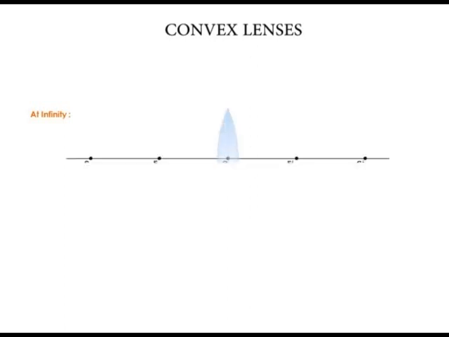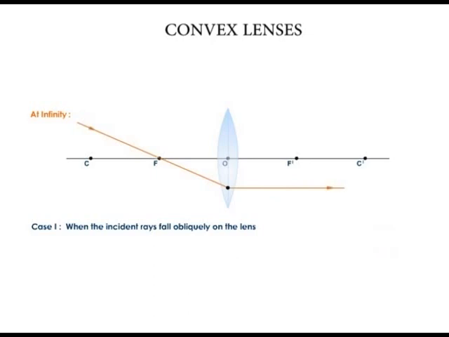Object at infinity. Now, the rays of light coming from an object at infinity are always parallel to each other. Now, case 1, when the incident rays coming from an object fall obliquely on the lens. An incident ray through the focus of a lens emerges parallel to the principal axis after refraction.